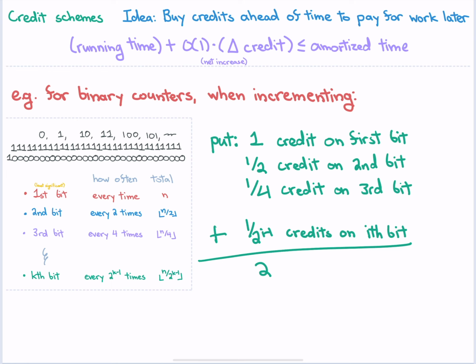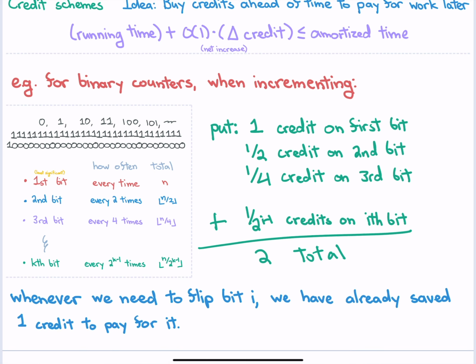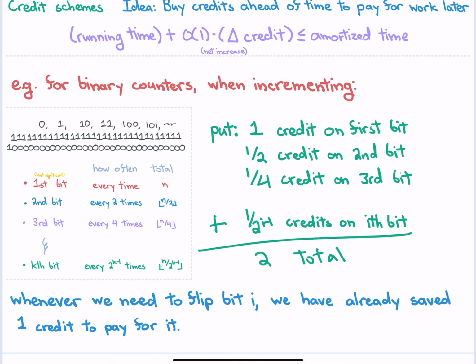Just two, plus we do some constant work. Those 2 credits are me saving up work, paying now for the work I'll do later to flip all these bits. Whenever I need to flip the ith bit, I'll already have 1 credit there to pay for it.